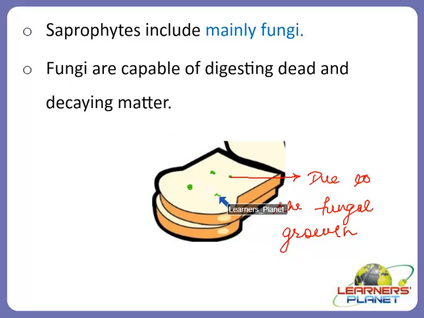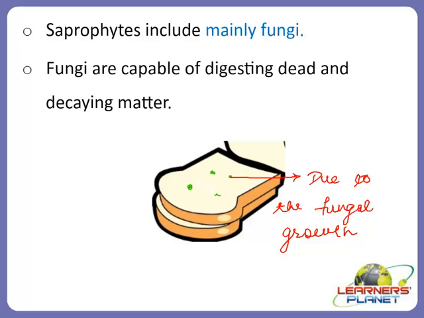So they are actually capable of digesting this dead and decaying matter which is present on the stale bread, and that is why they grow on the bread. In this way we can say that fungi are considered to be the saprophytes.